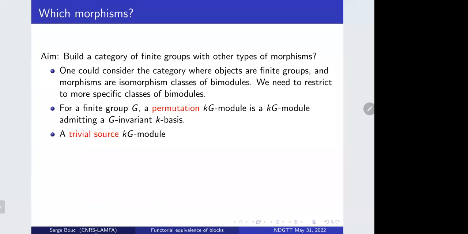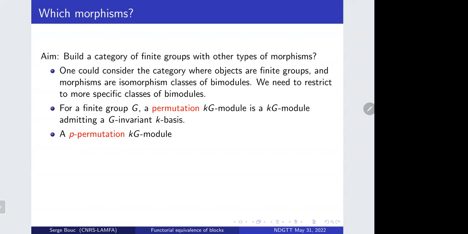They are also called trivial source KG modules, and even sometimes permutation projective KG modules. All this is the same notion. I'll stick to this p-permutation terminology in this talk, except for one notation where I'll use the T of trivial source at some point.